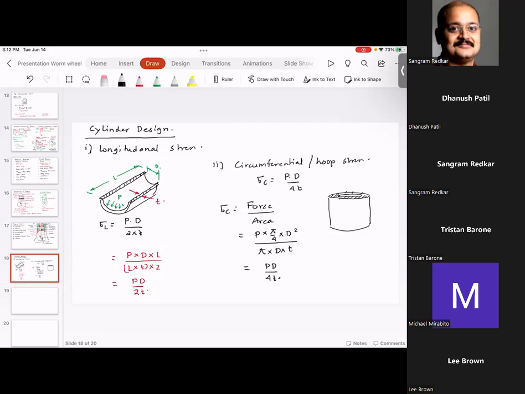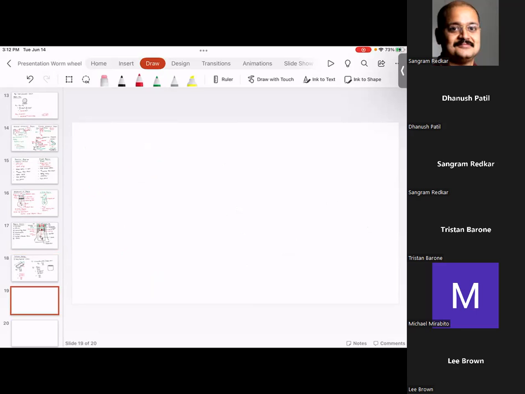One thing I want to tell you is the distance between the TDC to BDC is called the stroke. So stroke length is the length of piston travel from TDC to BDC, and that is 2 times the crank radius.